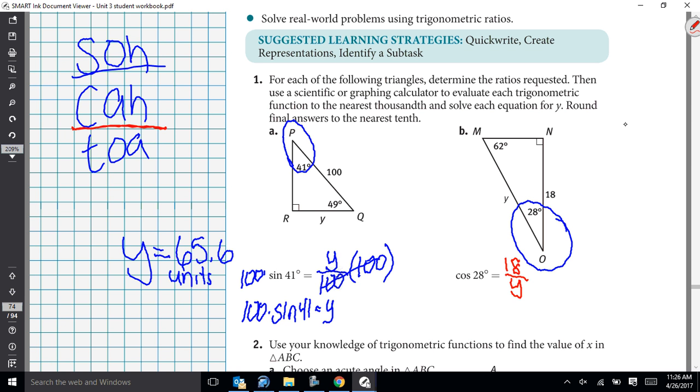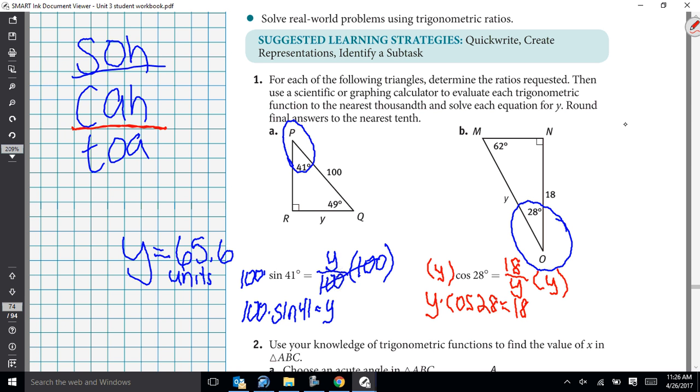So we have some division going on. We need to undo that. How do we get y out of the denominator? So now we have y times cosine of 28. Is cosine of 28 special in any way? No, it's just some decimal. So now I have y times cosine of 28 equals 18. I want just y.